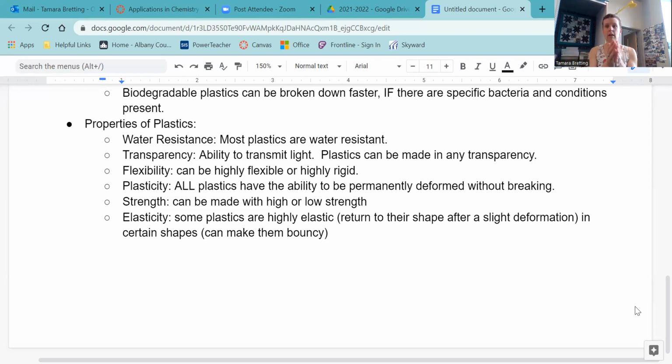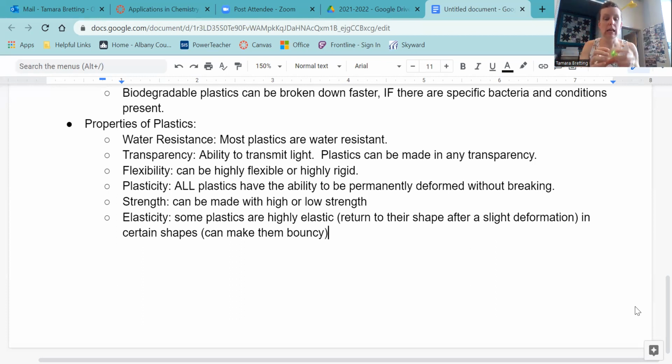If I drop this, okay, it bounces up. That's because when it hits the desk, it will flatten. It gets a slight deformation from that force, and it will go back to its original shape, which causes it to bounce back. It gets a little bit flattened on the table, but then it goes right back to round.